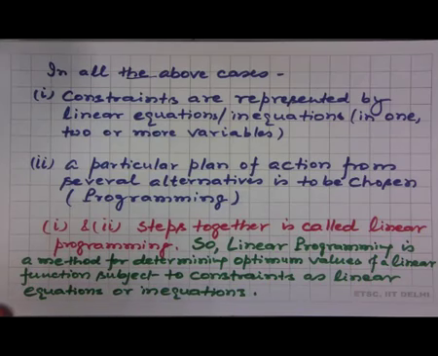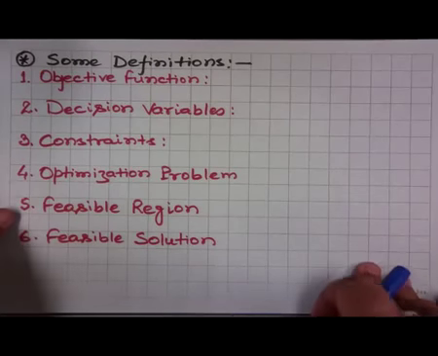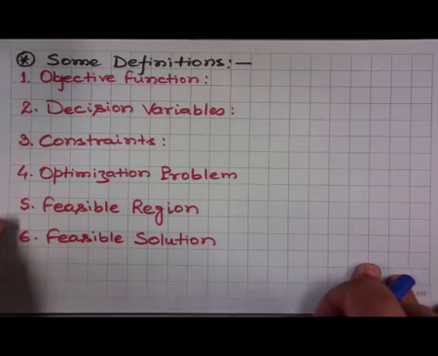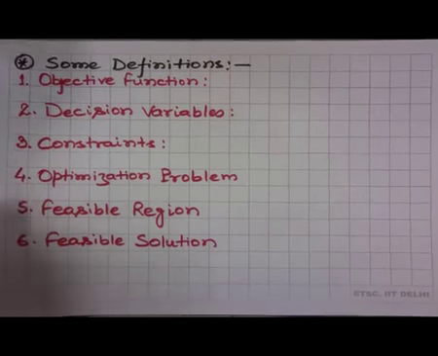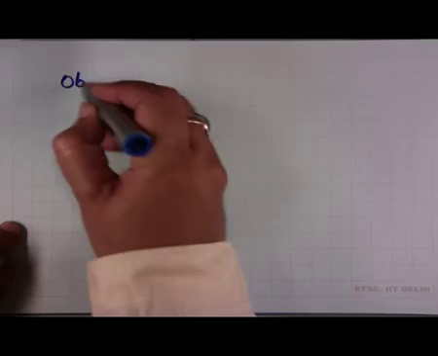So we can say linear programming is a method for determining the optimum value of a linear function subject to constraints as linear equation or inequation. Some definitions are objective function, decision variables, constraints, optimization problem, feasible region and feasible solution. First of all, we have to discuss these 5-6 technical terms.